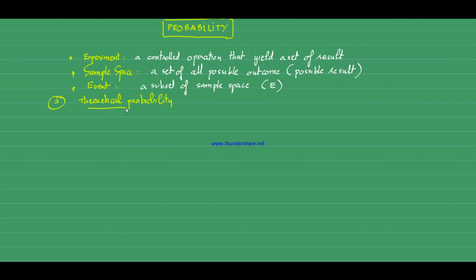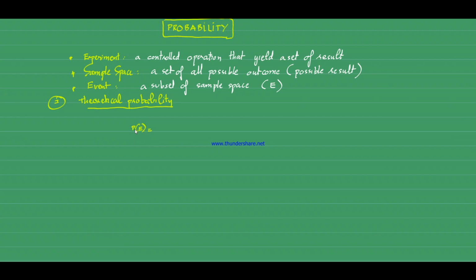So what is theoretical probability? Every time, we talk about the probability of the event, and we can use the following formula to calculate it.